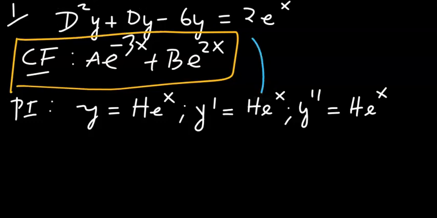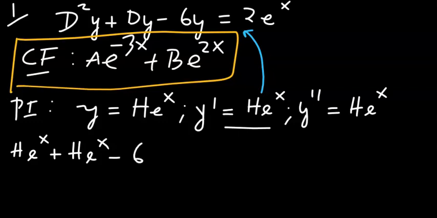So let's substitute this information into that original equation. d2y is h e^x. dy is again h e^x, minus 6 y is h e^x, equals the right-hand side, which is 2 e to the power x.